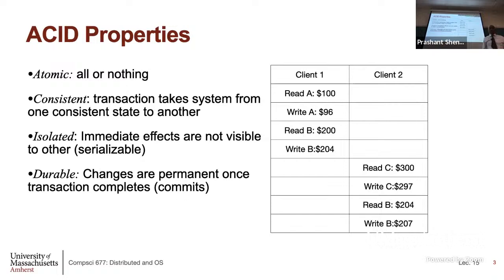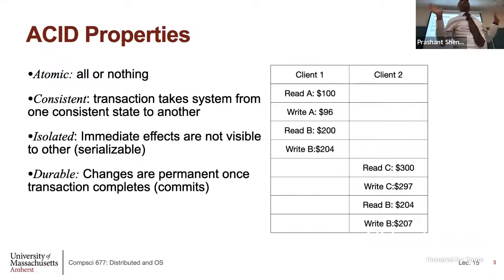Isolation essentially means that effects are not visible to one another. There's another term for isolation, which is also called serializable. What this effectively says is, even though multiple clients may be accessing and modifying the database all in parallel or concurrently, the overall effects of this execution look like each of them executed one at a time in isolation.